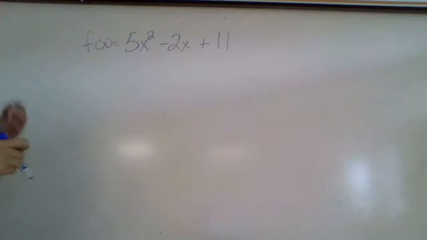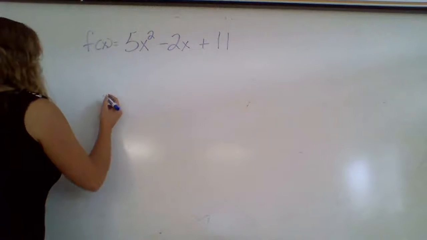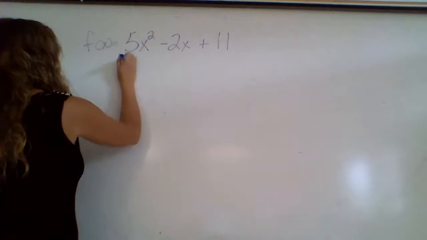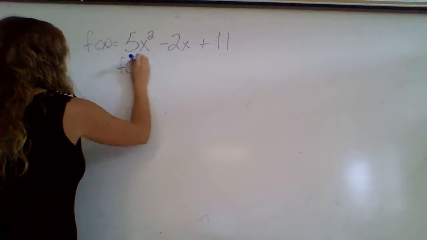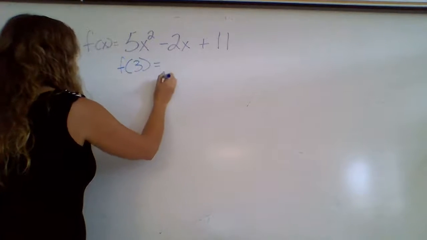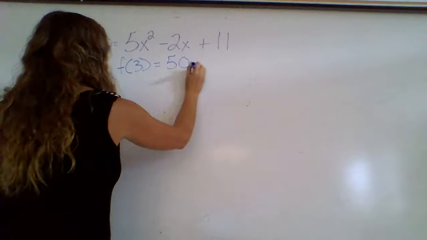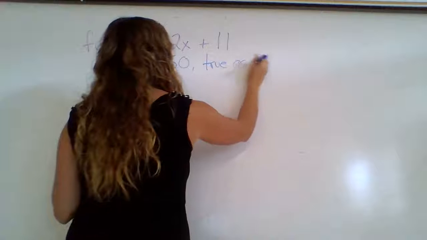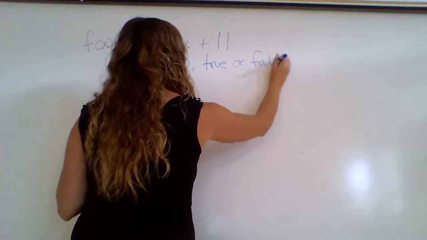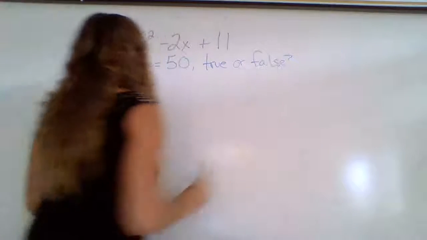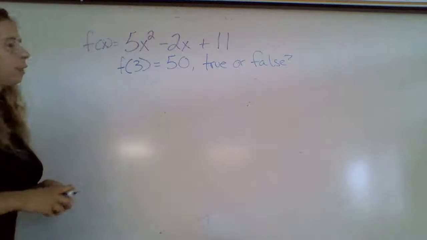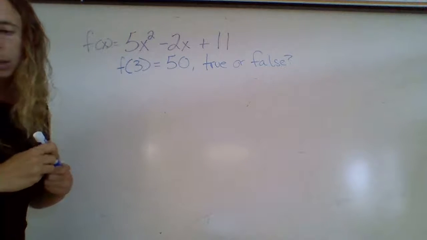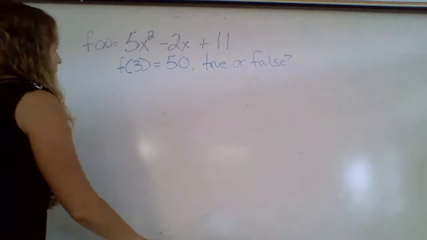Okay, sorry, I had to take time to actually figure it out before I make it a homework problem. So, and they say f of 3 equals 50. True or false? Bam. And if it's false, we have to say what it actually is.